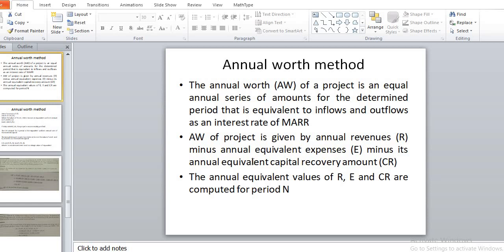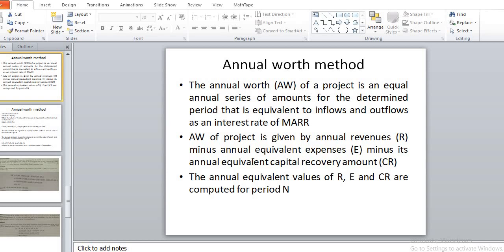Considering all these elements, we can justify whether the project is justifiable or not. So in this unit we evaluate a particular project by considering these methods.